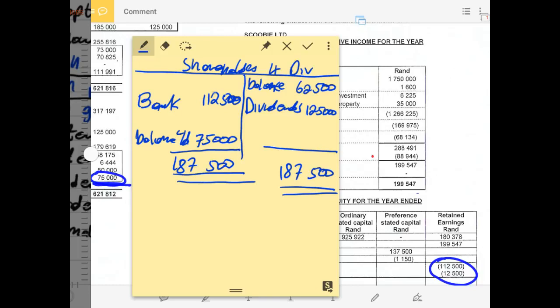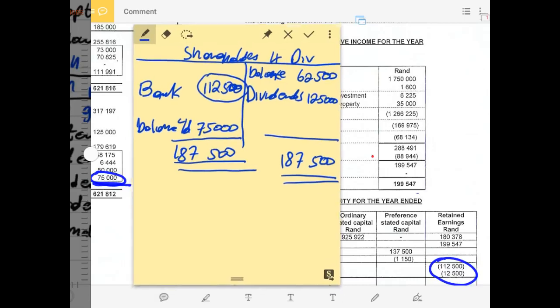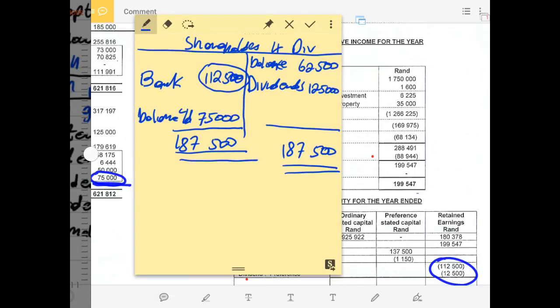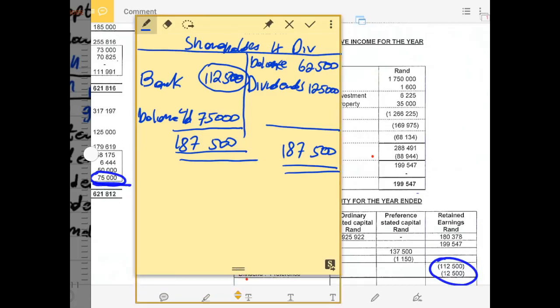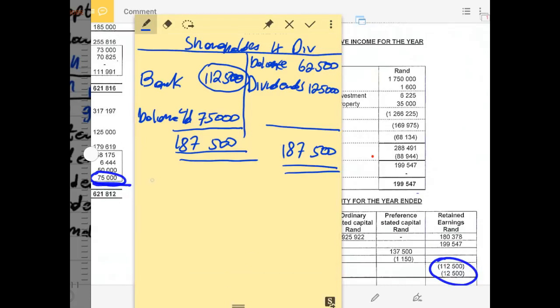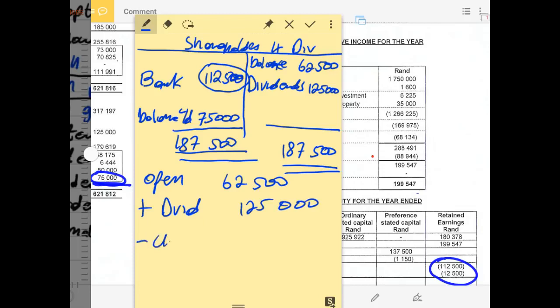So now 112,500 will be dividends that we paid at the end of the current year. Or else, if you wanted to do a shortcut, you could have just said opening balance, which is 62,500, plus dividends, which is 125,000, added both of them, minus closing balance.